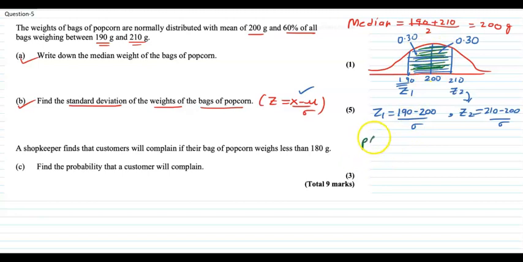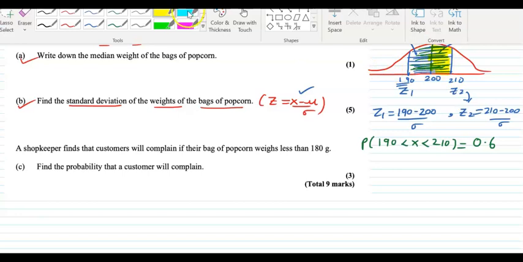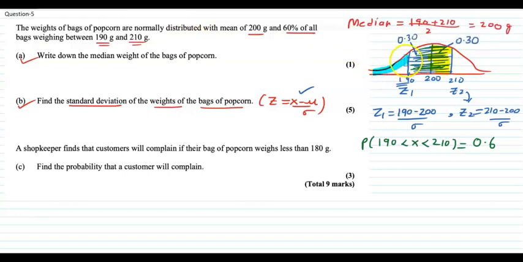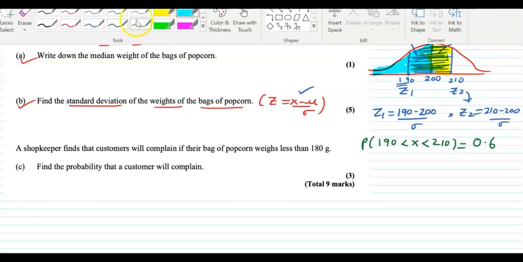So we can write P(190 to 210) is 0.6. Please pay attention to this yellow area. This yellow area is 0.3, and this blue area is 0.5 because it is half. If you add 0.5 and 0.3, it will be 0.8.